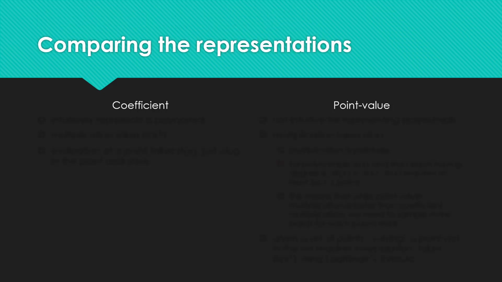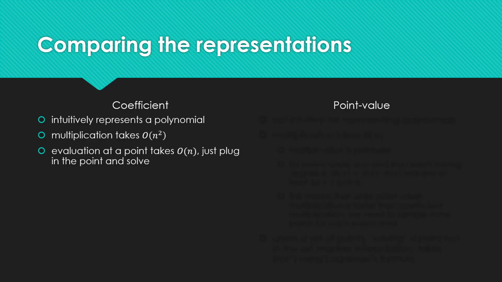So comparing the representations. The coefficient representation can intuitively represent the polynomial, as you can imagine. Just extract the coefficients, put them in a vector. If you want to write them back again, just append the x powers. However, multiplication takes quadratic time.